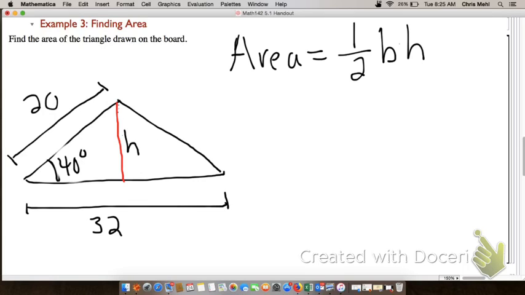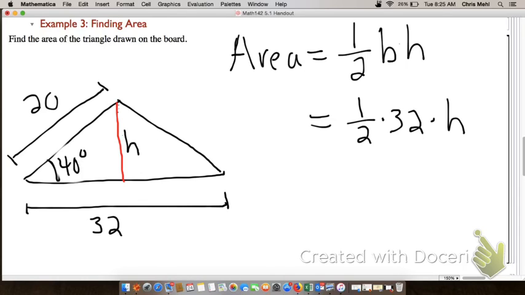So now the formula for the area is going to be 1/2 times the base, which is 32, times this value of h. So we're going to have to use some triangle trigonometry to find this value. Now be careful because the height h looks like it's about half of 32, but that's just because of how I've drawn the picture.